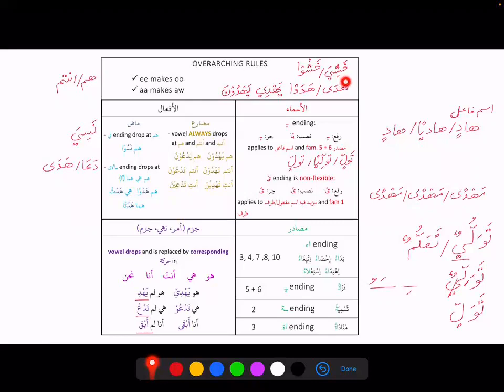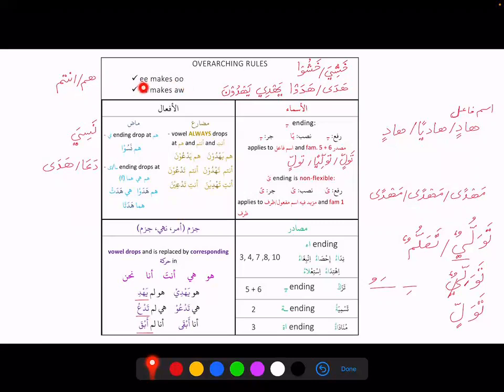So kha, shin, ya are the root letters, and the middle root letter has kasra. When that happens, it doesn't matter if it is madi or mudari, then when we come to sarf kabir of hum and antum, these plural ones, they are going to take an oo sound.